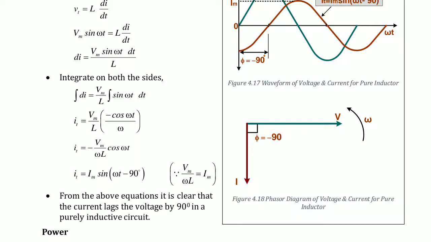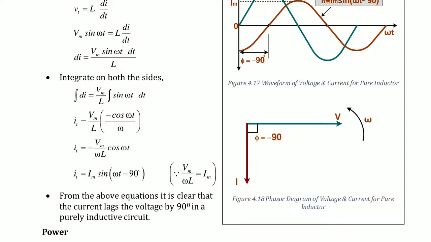Here the current is in the form of minus cos omega t, so we can write it this way: I is equal to Im sin omega t minus 90. Here minus 90 is nothing but lagging, by 90 degrees.